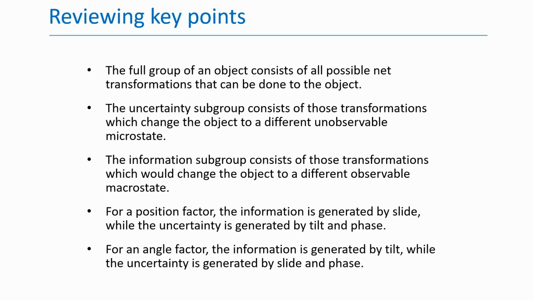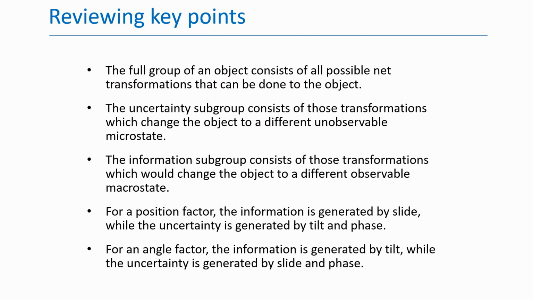That's all for this lecture, so let's review the key points. The full group of an object consists of all possible net transformations that can be done to the object. The uncertainty subgroup consists of those transformations which change the object to a different unobservable microstate.